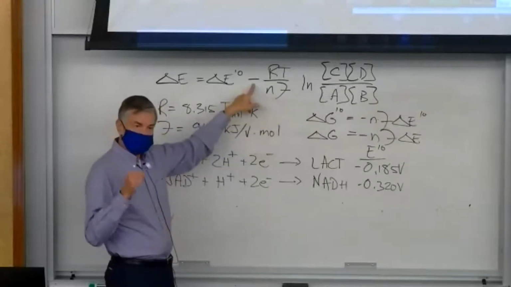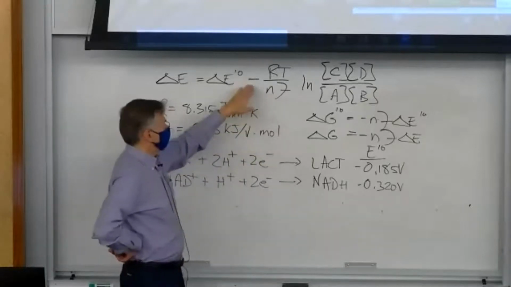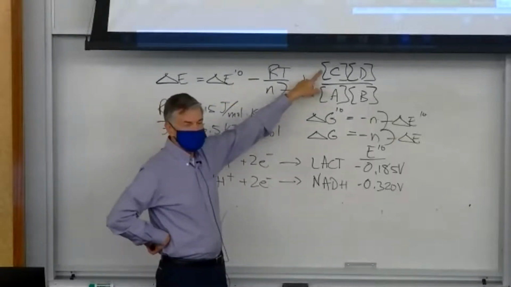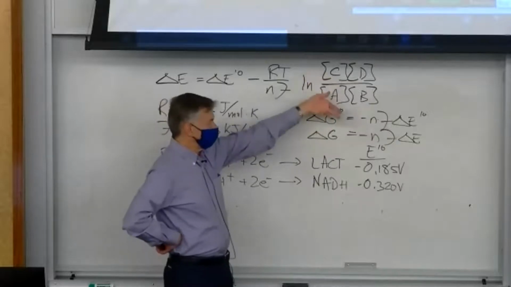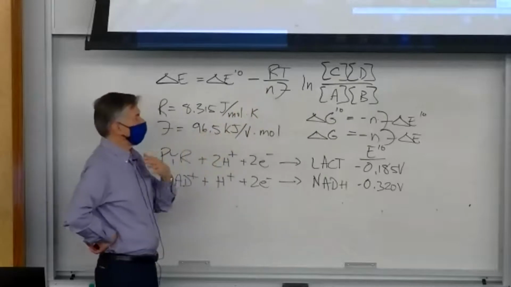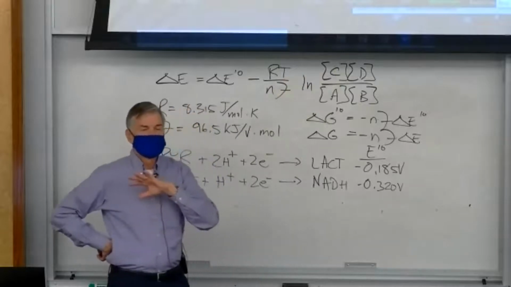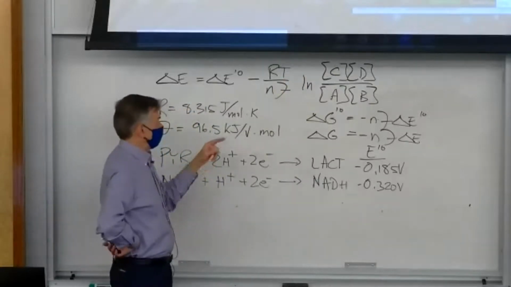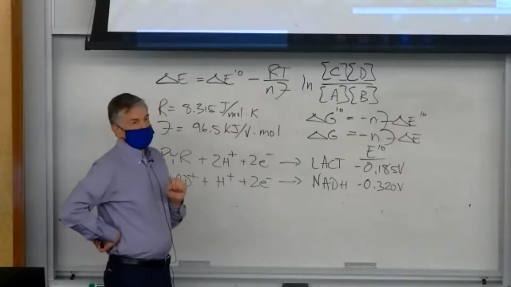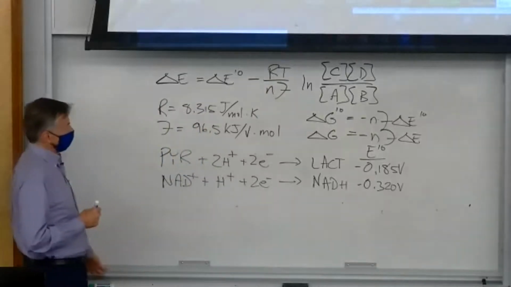You'll notice that in this particular writing of the equation, this is negative because I've placed products over reactants. If you were to invert this, then this would be a positive sign. But I personally like having products over reactants. It keeps that ratio consistent in my mind, and so I prefer to have the negative sign out here. All right, so this is some background for being able to do a problem.